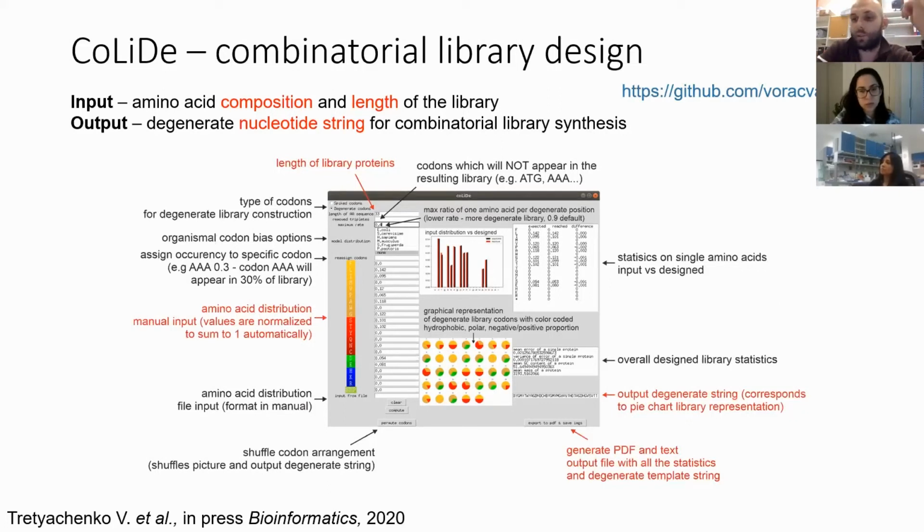That allows us to screen vast libraries and explore the sequence space of different kinds. For example, we can screen for protein disorder, and we can screen for phase separation properties or other properties connected with the amino acid composition of proteins.